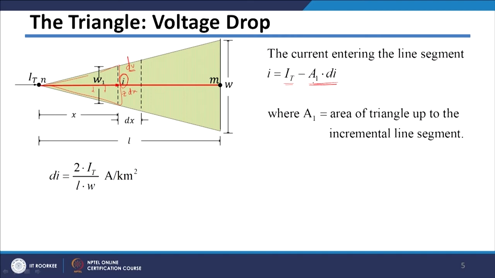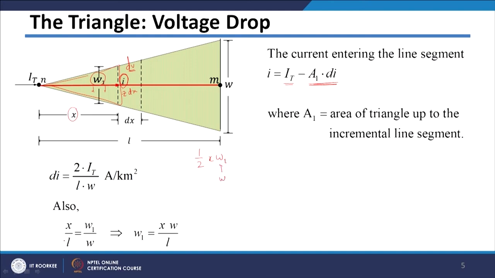Let us see how to get this A1 here. To get A1 we need to know x and we need to know w. So, it will be just 1/2 x into w1, and this w1 we can write in terms of w. For that we can just consider this here.